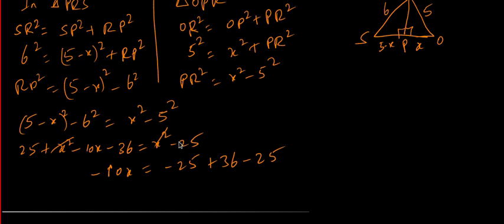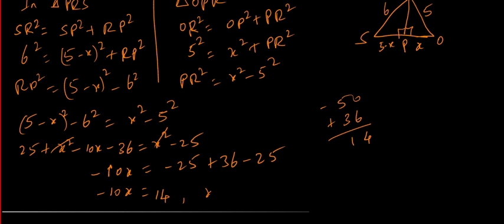Plus 25 to bring here, it will become minus 25. Already minus 25 is here, so minus 25 becomes minus 50. So minus 10x equal to minus 50 plus 36, which becomes minus 14.